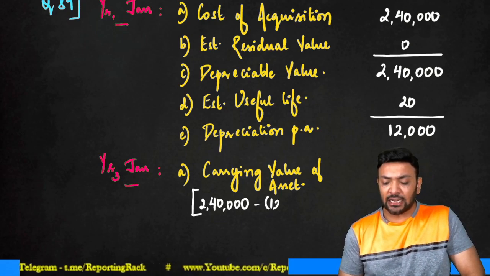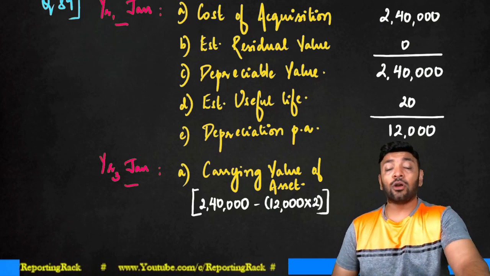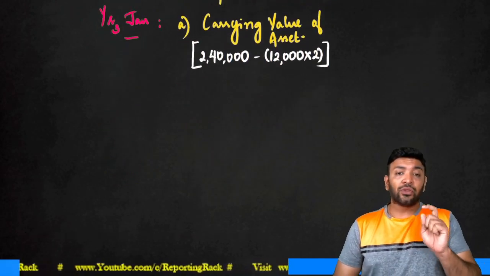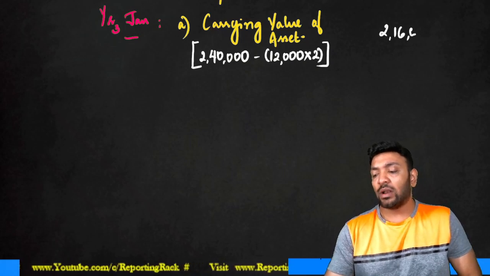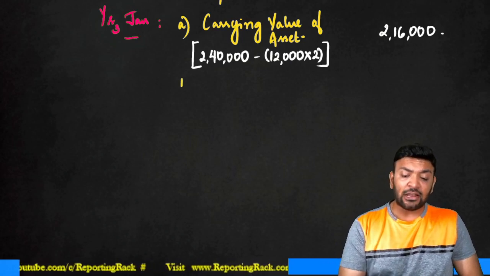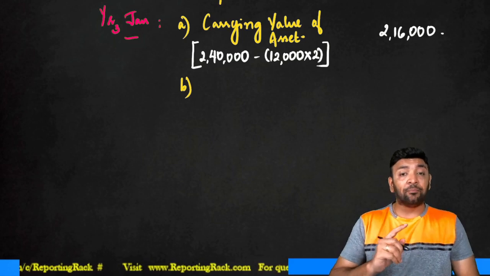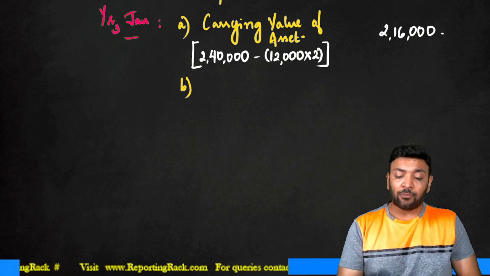I am depreciating it by 12,000 every year, for 2 years. That means the total depreciation charged on the asset is 24,000. From 2,40,000, the amount is only 2,16,000. On this day, in Jan of year 3, they have revalued the asset upward.